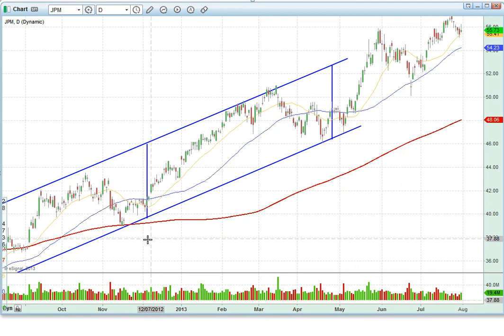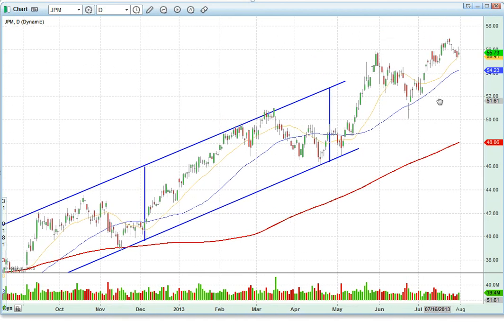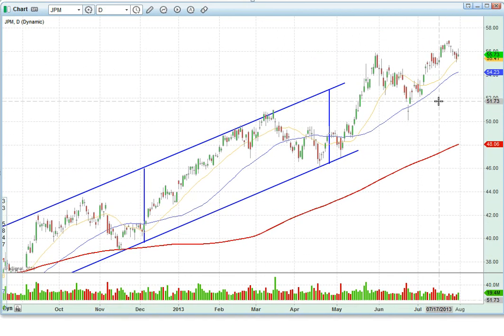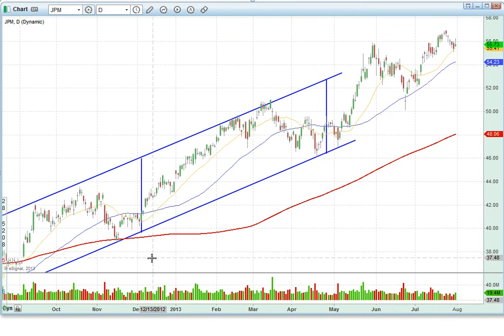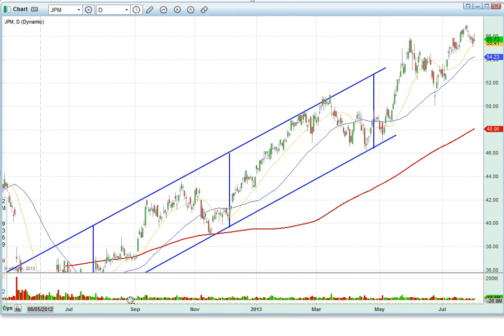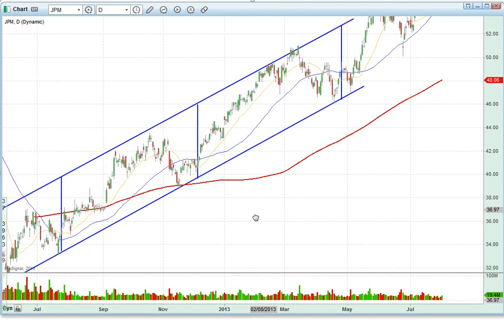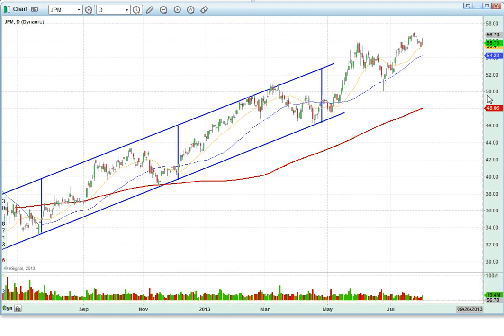Usually when you have these 200 MAs, we get strong bounces. So my advice to you is to put this in your arsenal if you're a beginning trader. Bounces off of 200 moving averages like this are usually very good bounces, but you do need to support them with other indicators and other reasons as well.